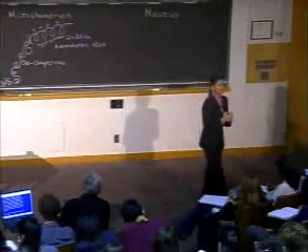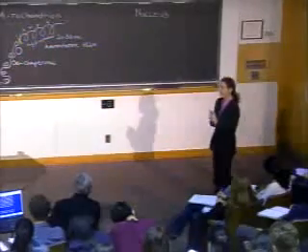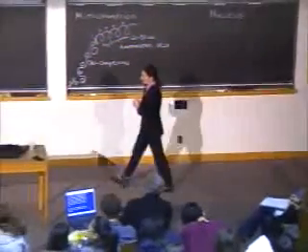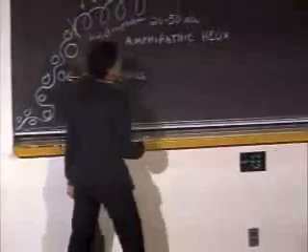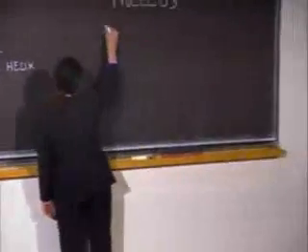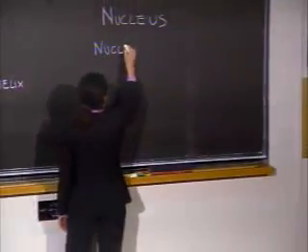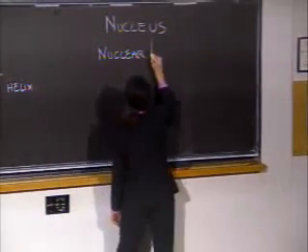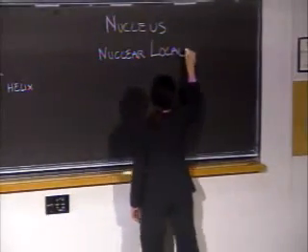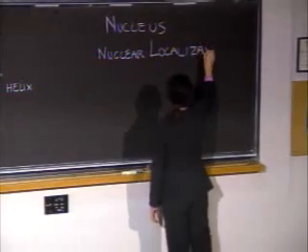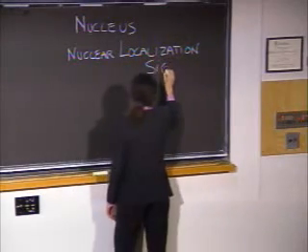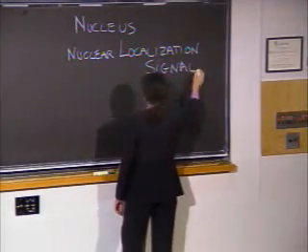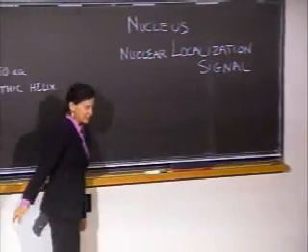How do proteins get into the nucleus? Every nuclear protein has a signal as well. It's 7 amino acids.